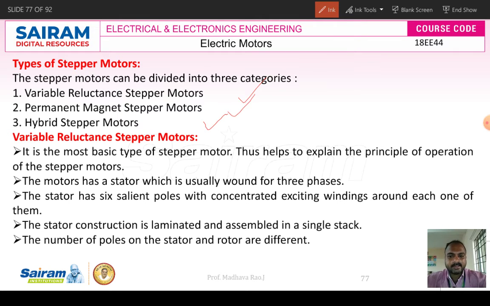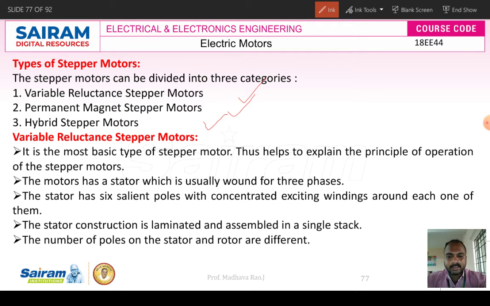The stator has 6 salient poles, with concentrated exciting windings around each of them. We can also take a 4 salient pole type stepper motor. It consists of a 3 phase stator winding, and the rotor is a 6 pole type rotor.